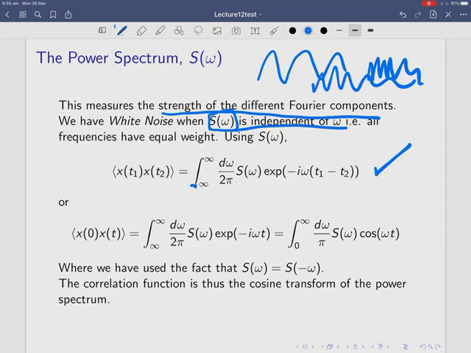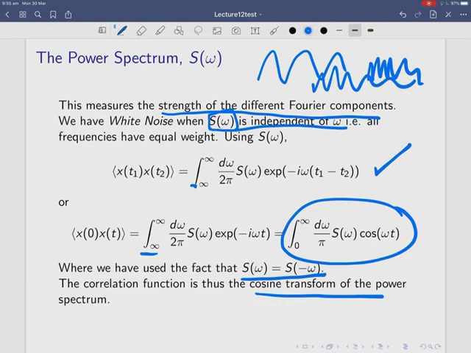That's our expression for the correlation function, or we can write it like this in terms of cosines. We've used the fact that S of omega is S of minus omega. So what we've shown now is the correlation function is the cosine transform of the power spectrum.